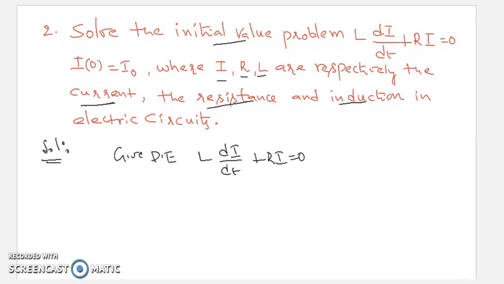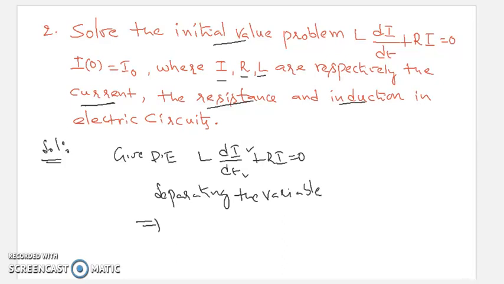So we can separate the variables. Here what are the variables involved in this differential equation? I and t. So take I and di terms to one side, t and dt terms to the other side. That is, we are separating the variables.